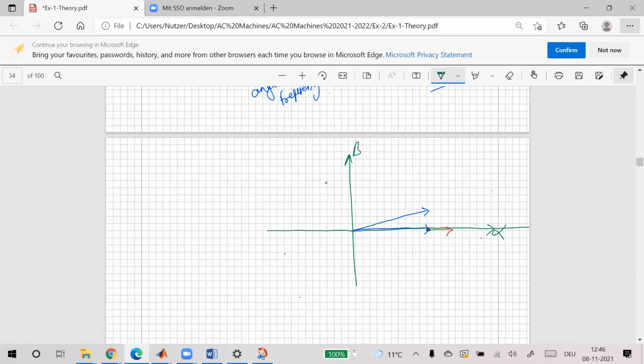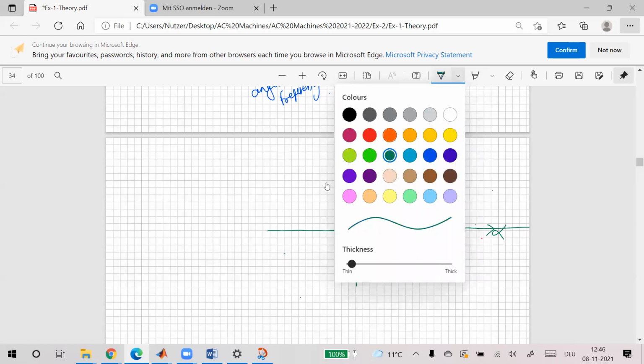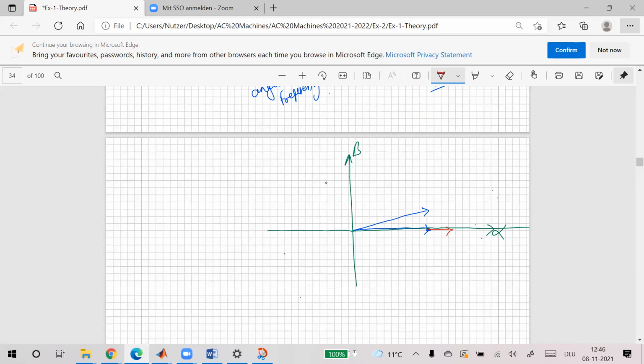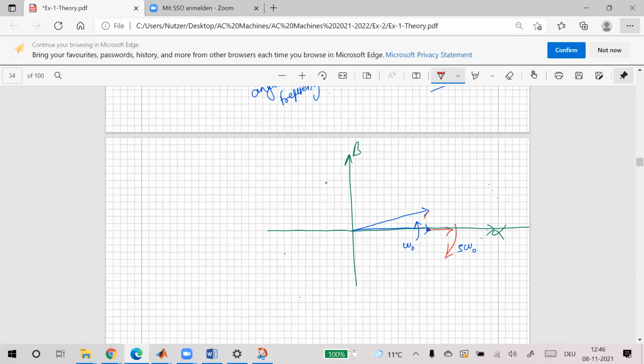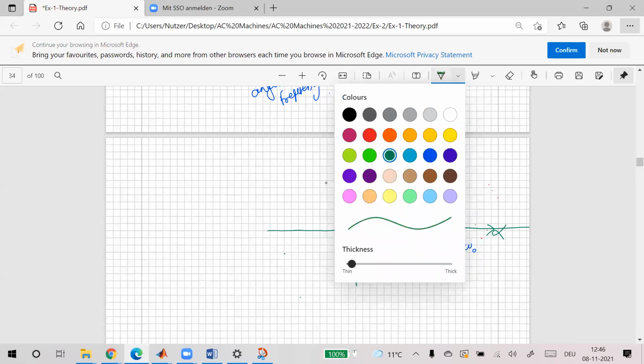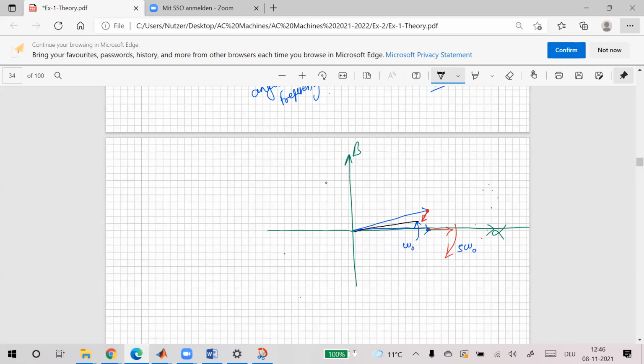The fifth order rotates in this direction with 5 omega naught, and the fundamental rotates in this direction with omega naught. So this red one would be somewhere here, and then you will see the resultant like this.